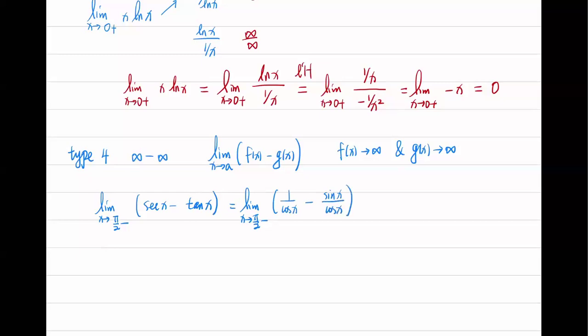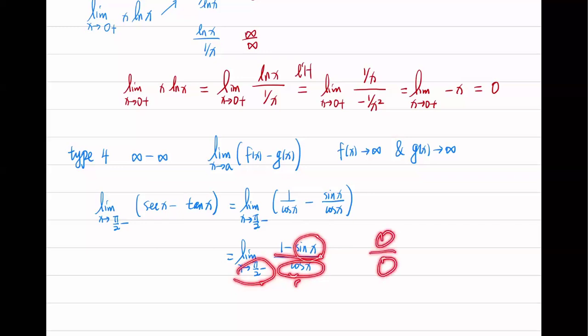We can write the difference as the quotient in the common denominator, from a difference to a quotient. When x goes to pi over 2 from the left side, cosine goes to 0, sine goes to 1, so 1 minus sine goes to 0. Now it's the type 0 over 0.